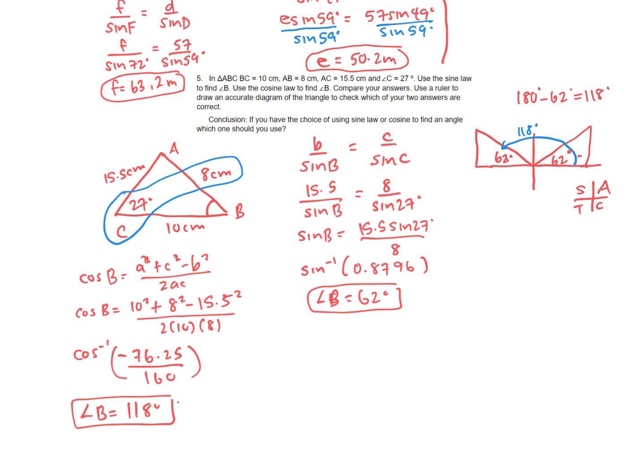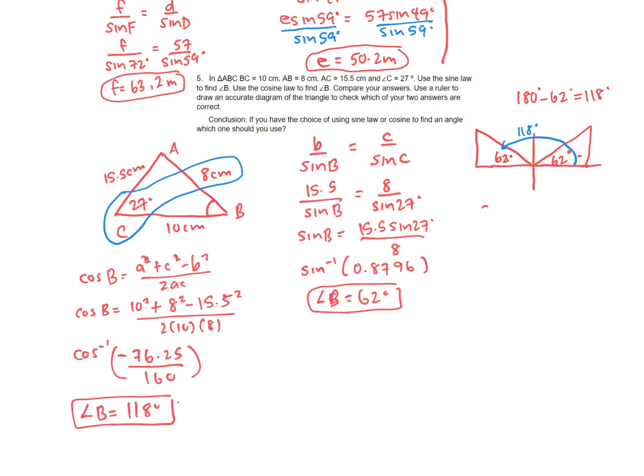So when you do these calculations, your calculator does not know that. It does not understand that cosine is negative in quadrant 2, even though the angle is the same.